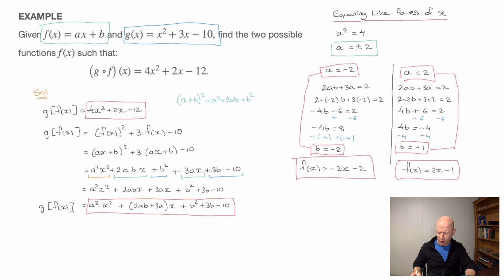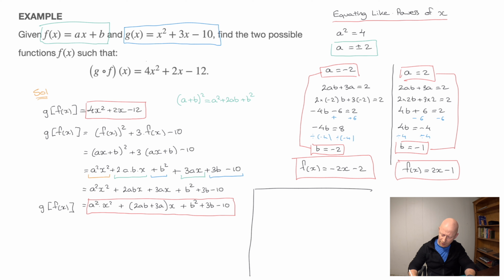But let me finish this video by showing you what we could do with this b squared plus 3b minus 10, which has to equal the negative 12 we have here. And as you're about to see, that equation for b will in fact just confirm the 2 results we just found. So let's quickly look at that, and I'll just do that here. I'll make a bit of space. There we go. We know that b squared plus 3b minus 10 has to equal negative 12.